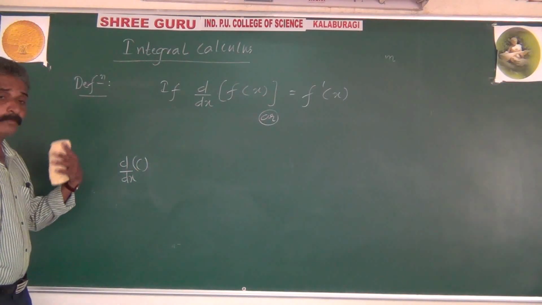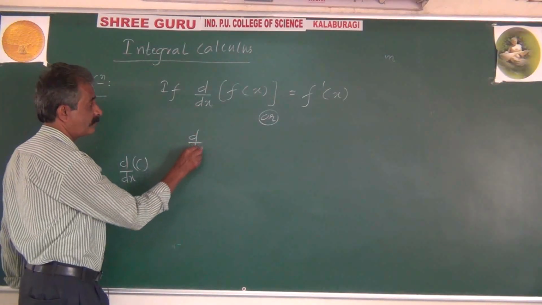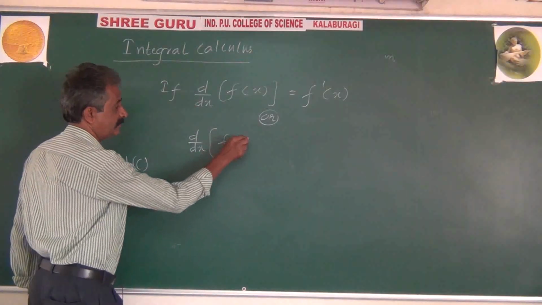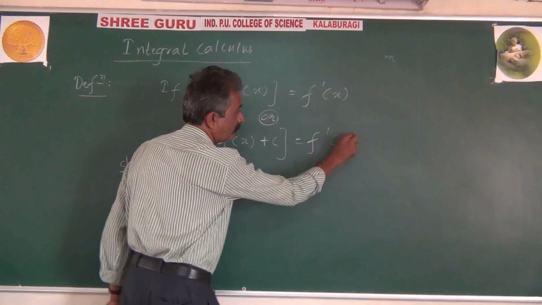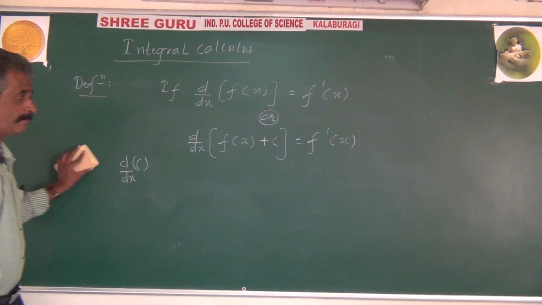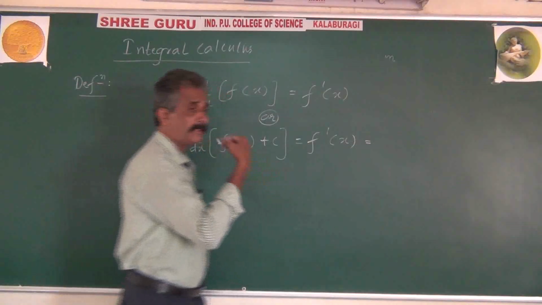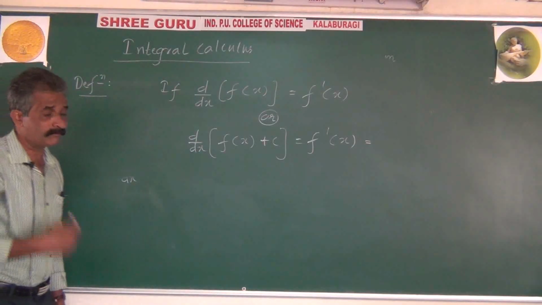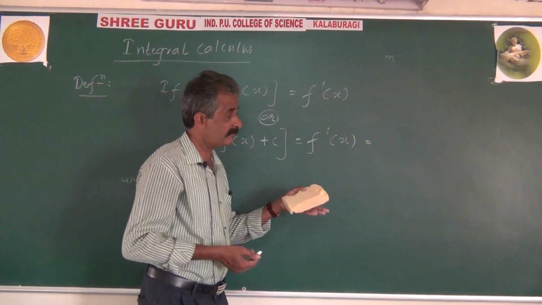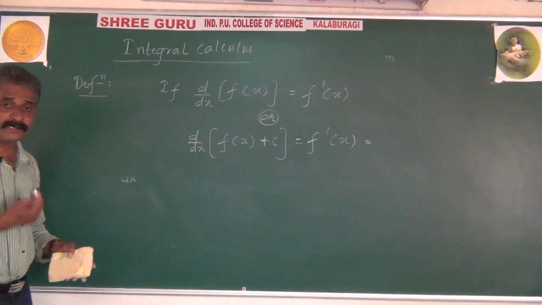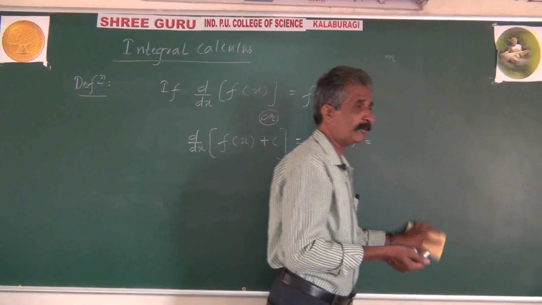Hence it is to be taken with the constant: dy/dx of f of x plus c is equal to actually f dash x plus 0, but 0 is omitted. And this f dash x, here we are going to denote by some other notation. Some lecturers and books will write it as capital F of x, g of x, phi of x, h of x, r of x, m of x, psi of x, j of x. So many notations can be taken.